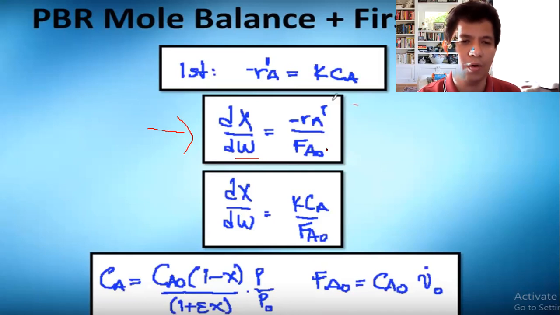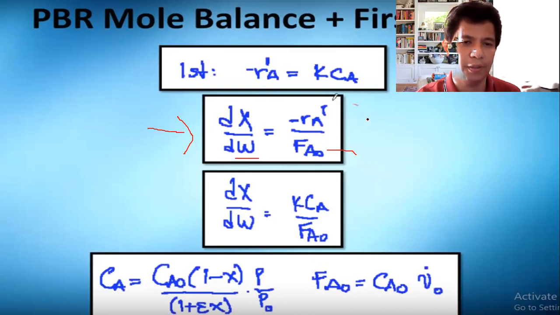And then we have FA0 right here. So FA0 is the initial molar flow rate of substance A that goes into the PBR reactor. Remember, a PBR reactor is also continuous, just like a CSTR and a PFR. Yun nga lang may catalyst siya.